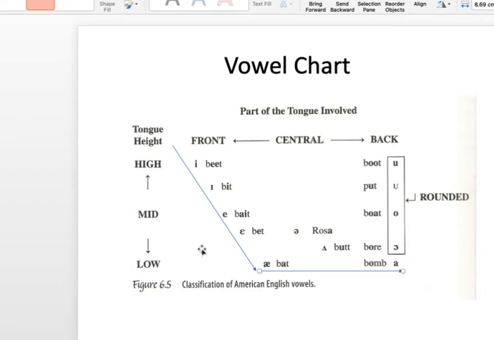Like teeth, alveolar ridge, hard palate, soft palate. Rather, the whole cavity, including where the tongue moves. Okay, you can understand it this way. Wherever your tongue can move within your mouth, that is the oral cavity. Okay, this is what we consider the oral cavity. So this is representing your oral cavity.